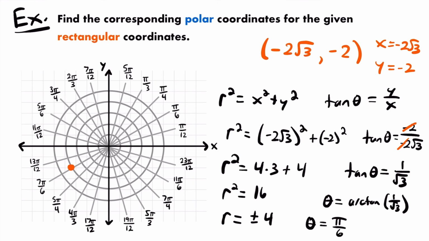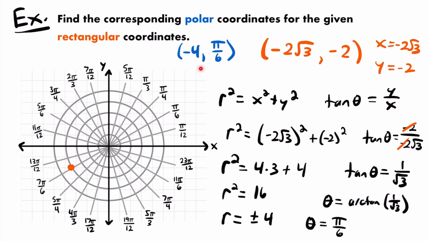All right, so if we have these polar coordinates of -4 comma pi divided by 6, that's going to represent this point. We go to pi divided by 6, that's our angle, and then we count to +4 and then reflect the point. So we're along this angle, and then 1, 2, 3, 4 circles, and then we reflect to the other side, and now we're at the same point that we plotted from these rectangular coordinates.